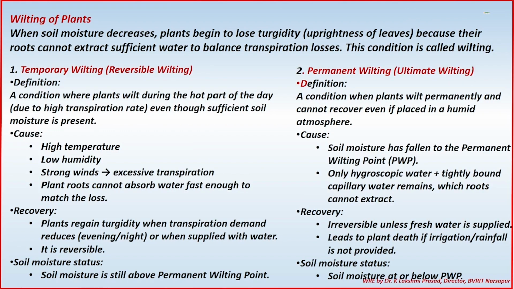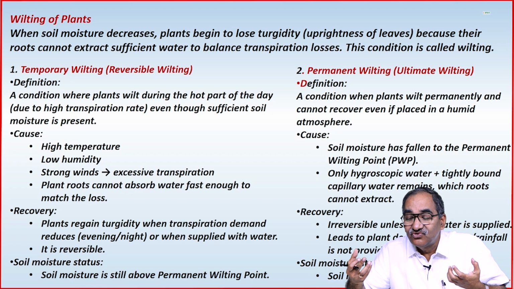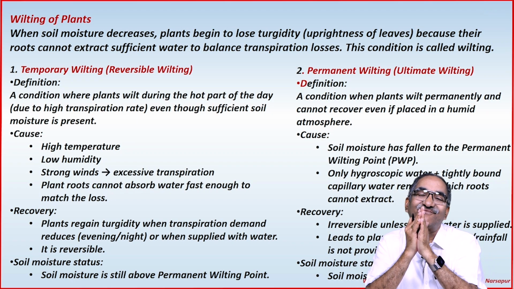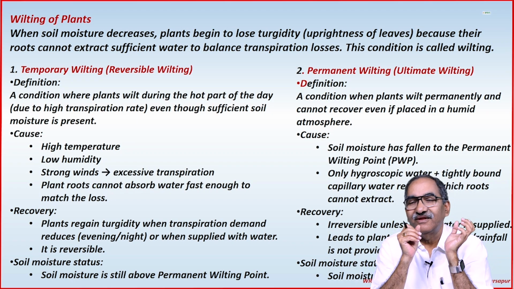Then in wilting, there are two types: one is permanent wilting, and the second one is temporary wilting. So what do you mean by wilting? When the soil moisture decreases, the plants begin to lose the uprightness of their leaves. For example, observe any plant.